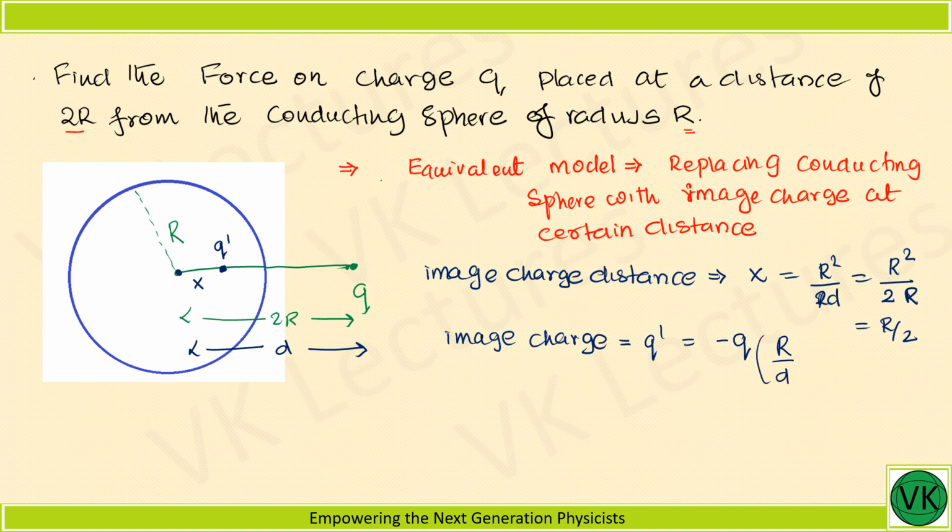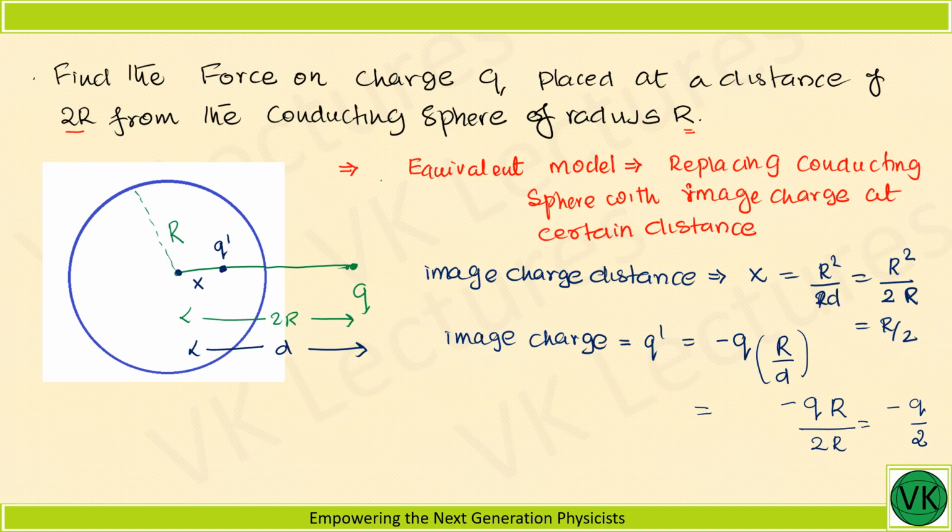So this is the charge of the image. That's minus q, R as it is, d is 2 times R, so that's equal to minus q by 2. So now q dash is equal to minus q by 2, and this distance is R by 2.